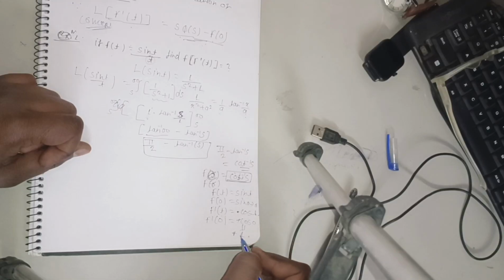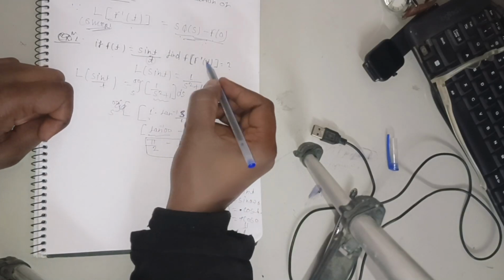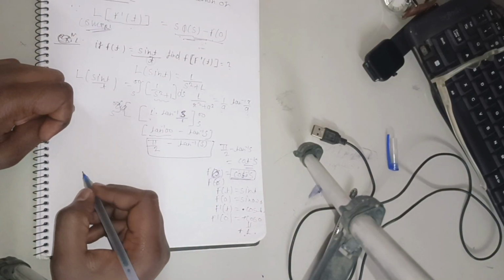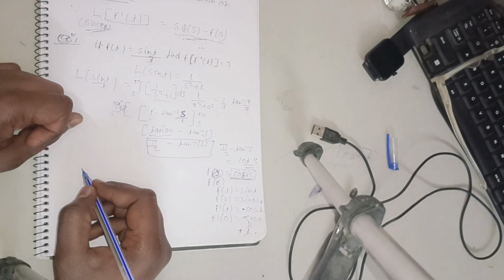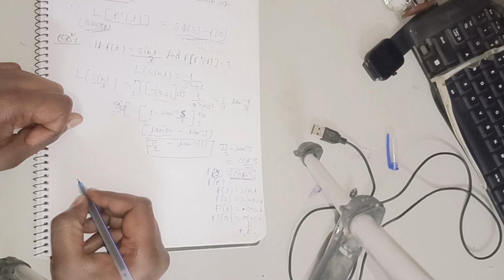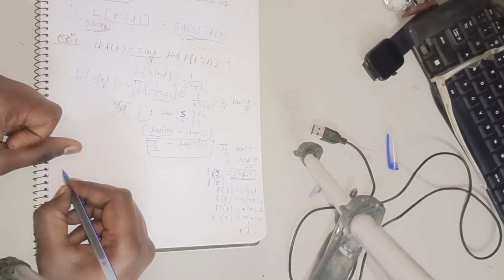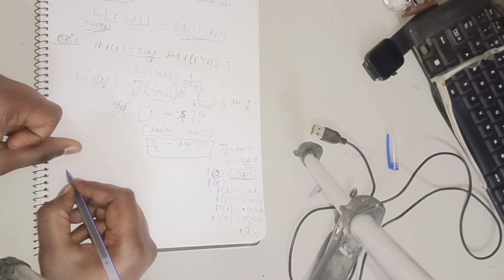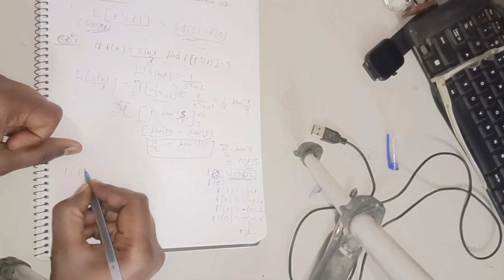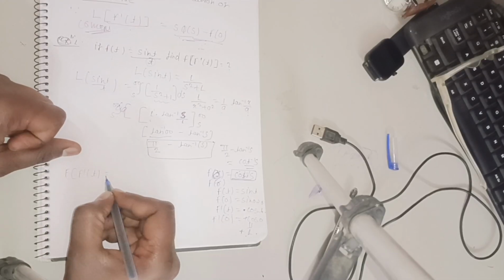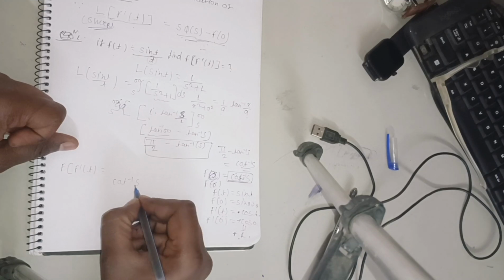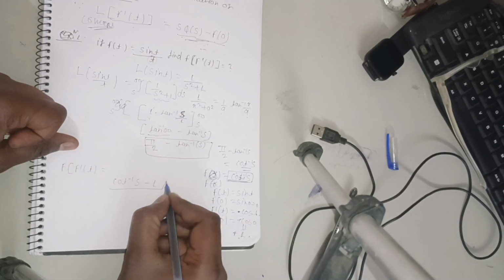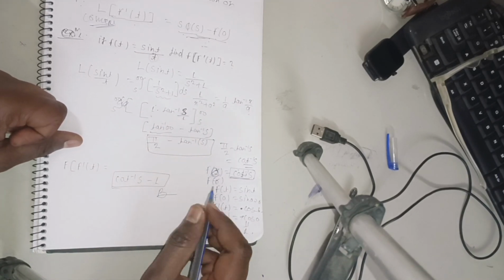Now simply I can put 1 here. So the Laplace of f dash t is equal to cot inverse of s minus 1. Okay, so I can write this is the answer.